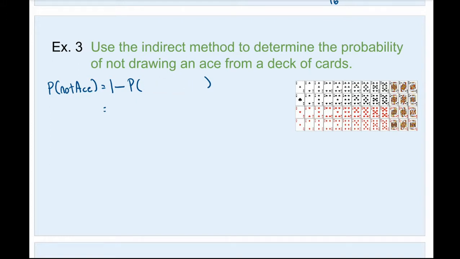That's not what we're actually looking for. So the probability of getting an ace, because that's the complement to not an ace. So it's going to be 1 minus, well, what's the probability of getting an ace?